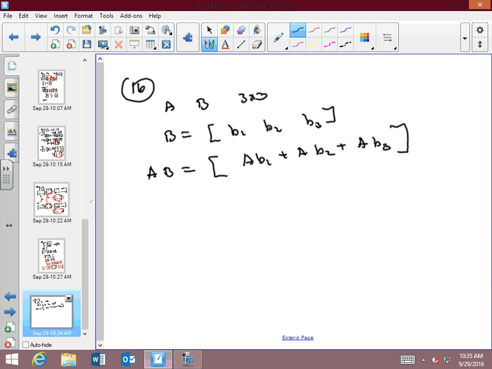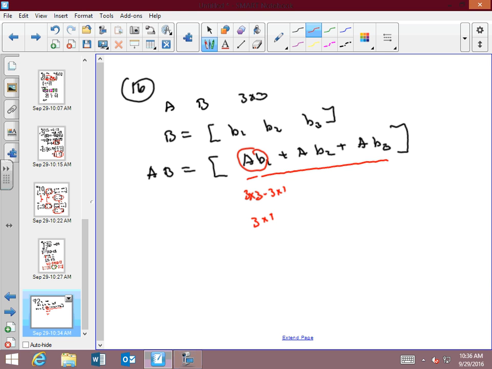Now, just the first thing is just by observation. What is that matrix? The A is a 3 by 3. B1 is actually a what? 3 by 1. So that AB1 is a 3 by 1, right?